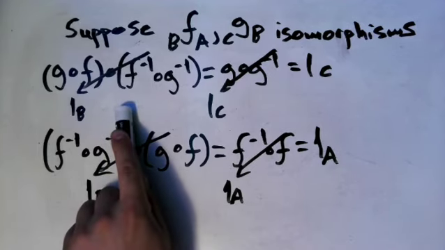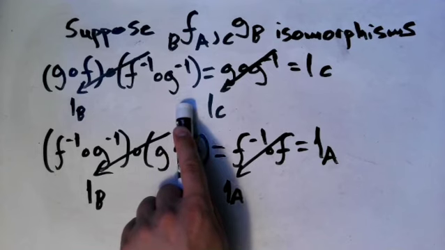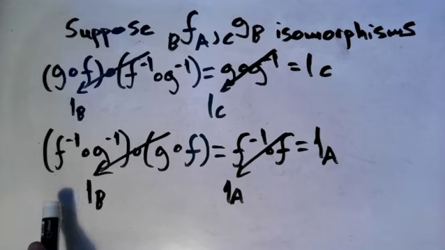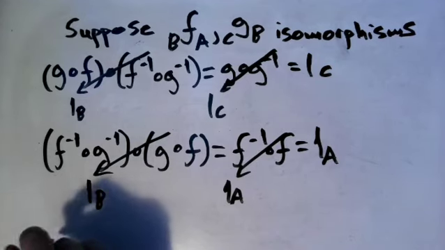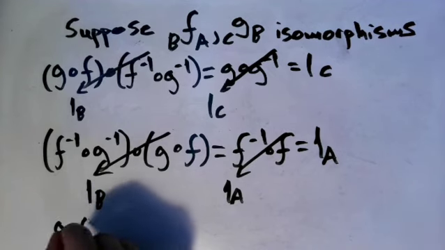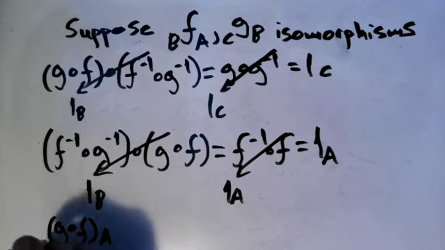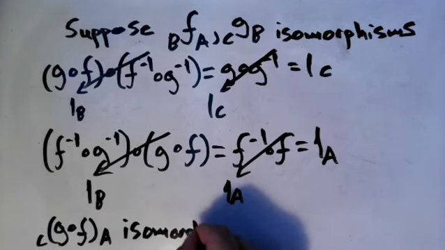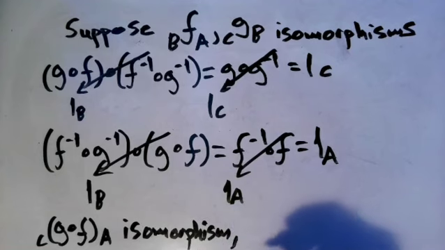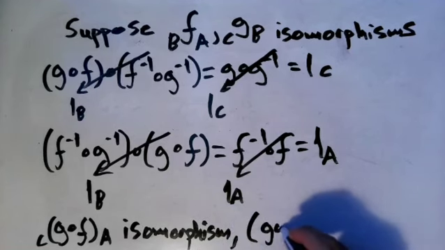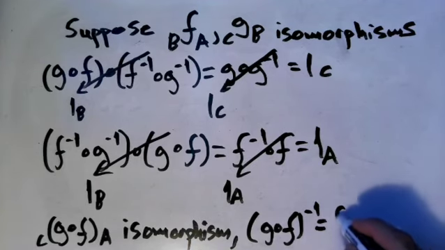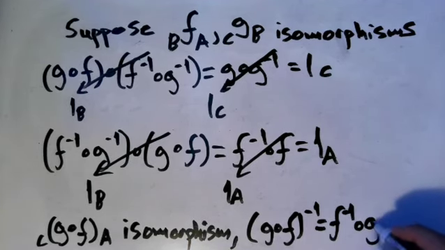Notice that when we composed f inverse after g inverse on the right to g after f, we got 1_C, and on the left we got 1_A, which means that g after f, which goes from A to C, is an isomorphism, and the inverse of g after f is f inverse after g inverse.